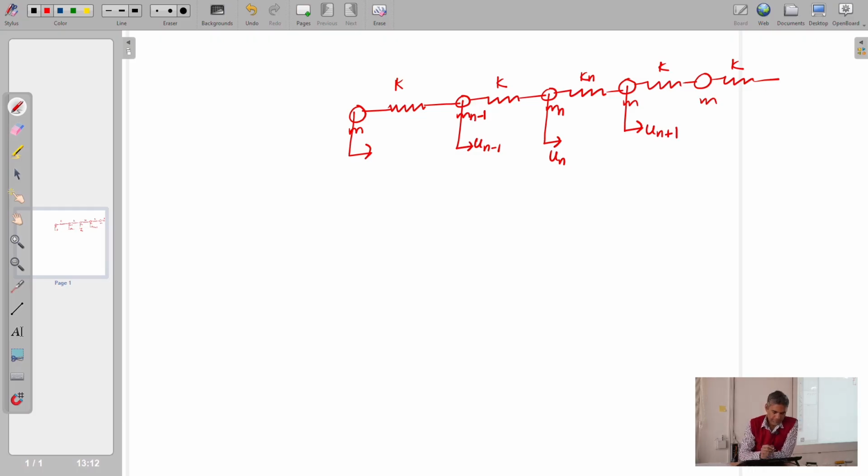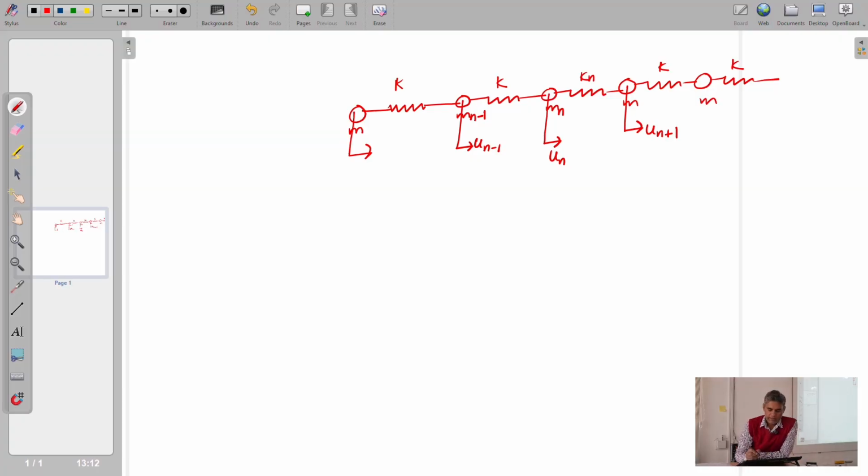So, since all the springs and all the masses are the same, if we understand the dynamics of one set of mass and spring, then I can understand the complete spring and mass system, and hence the wave, right. So let us see the dynamics of the nth mass and spring. So we can make the FBD of this.